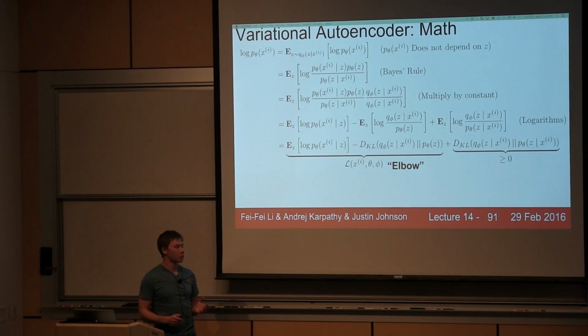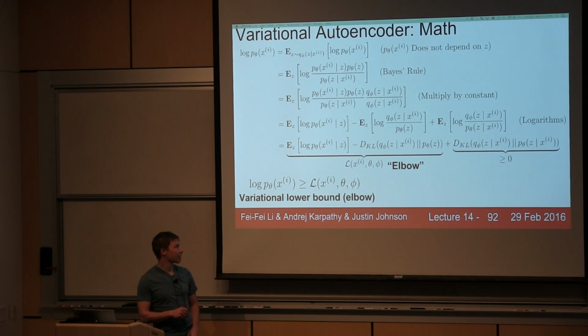And we know that KL divergence between distributions is always non-negative. So we know that this term has to be non-negative, which means that this ELBO term is actually a lower bound on the log likelihood of our data. And notice that in the process of writing down this ELBO, we introduced this additional parameter phi that we can interpret as the parameters of this encoder network that is approximating this hard posterior distribution.